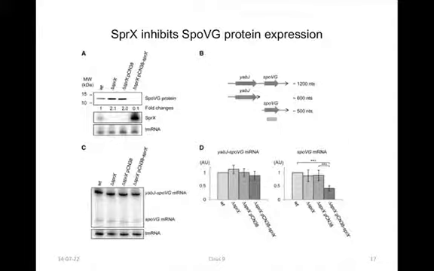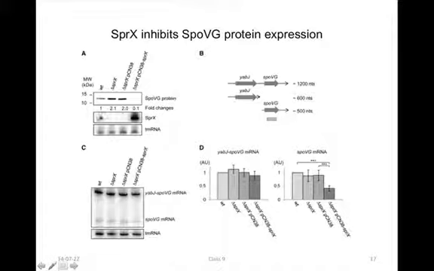Yeah, A is a Western. So if you add the SPOV protein with the wild type, you get a band. In the deletion mutant, you get a band. Deletion mutant with the plasmid, you get a band. Deletion mutant overexpressed, no band. So it's affecting the protein. Okay, yeah, I see. Yeah, in the presence of that.